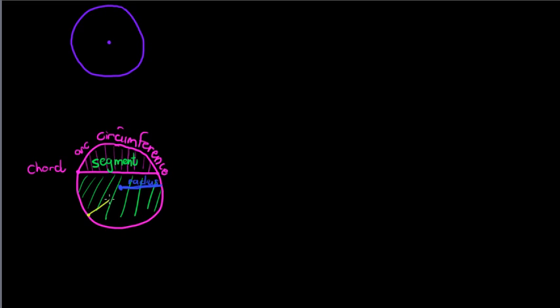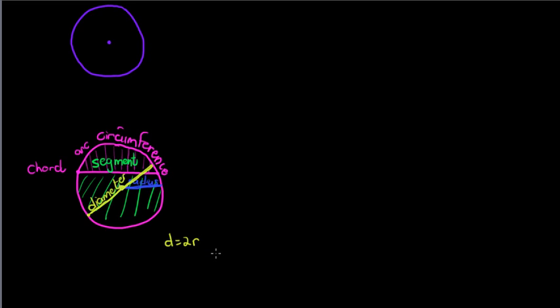A special chord that goes through the center divides the circle into 2 semicircles. We call it half a circle. This chord that passes through the center is called the diameter. And you see the diameter is actually two radii. There's a radius this side and there's a radius on that side. So a diameter is just 2 radii together, so the diameter equals 2 times the radius.